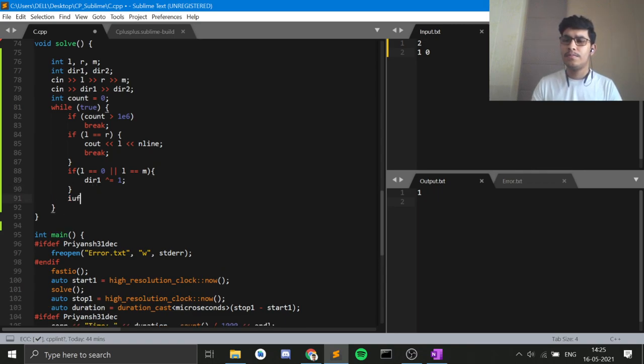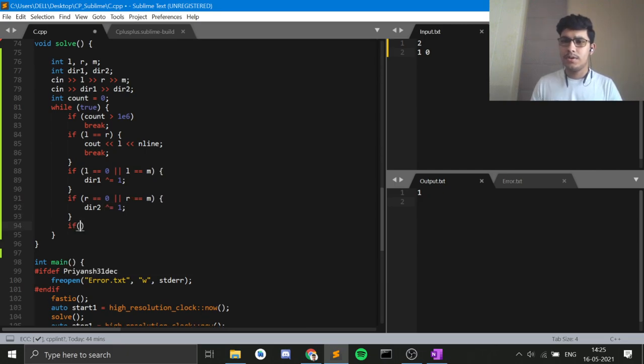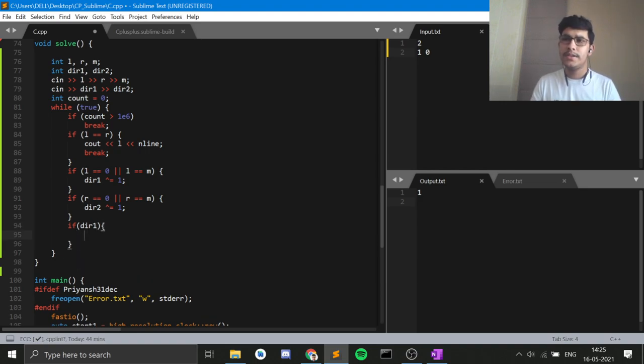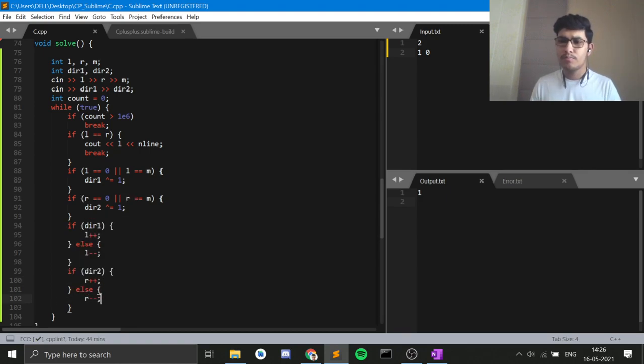Similarly for R. Also, if dir1, then you have to increase it. So L plus plus, L minus minus, R plus plus, else R minus minus, and we have count plus plus.